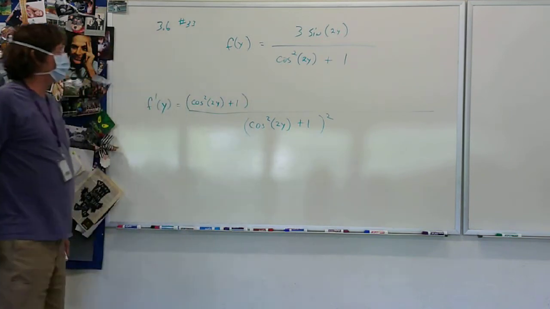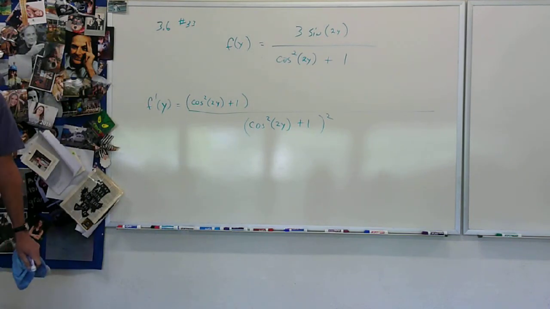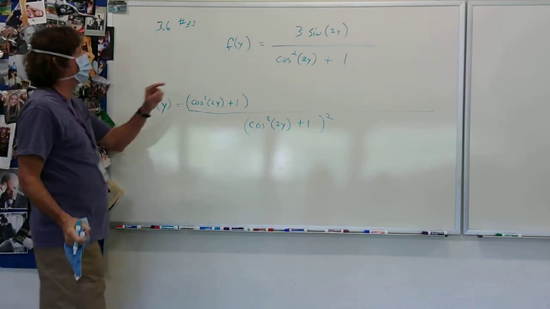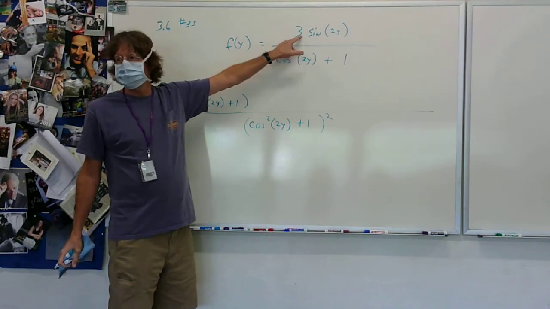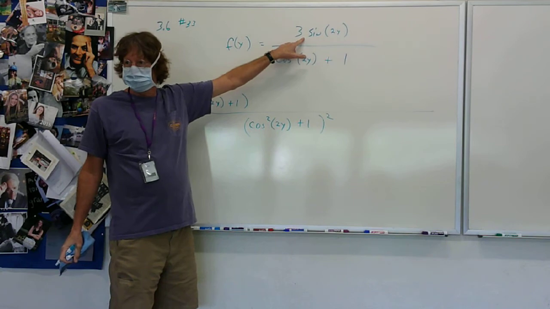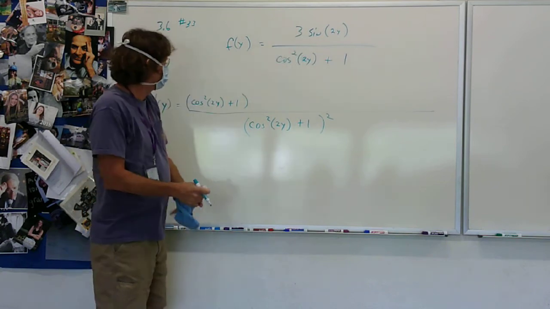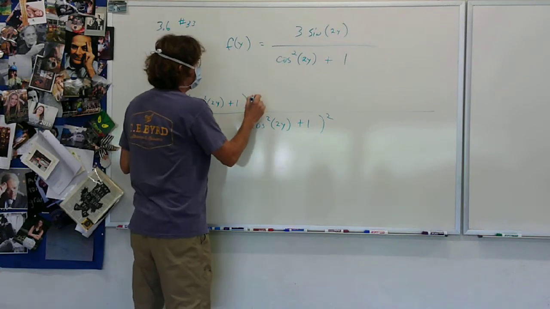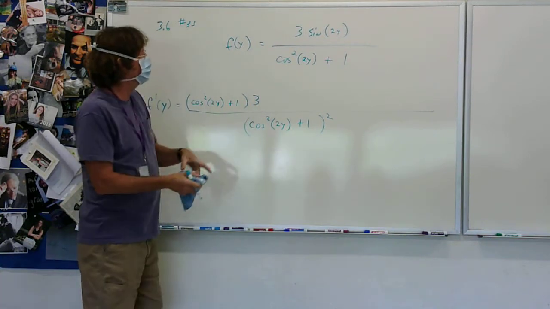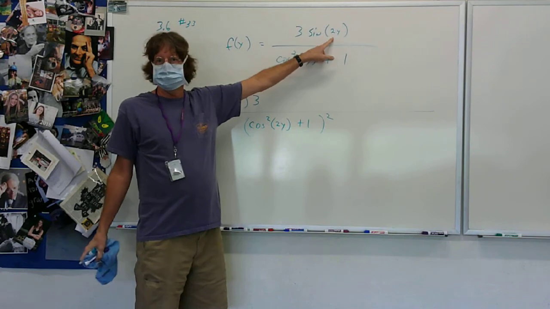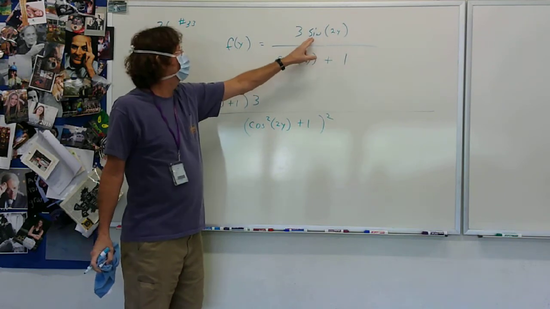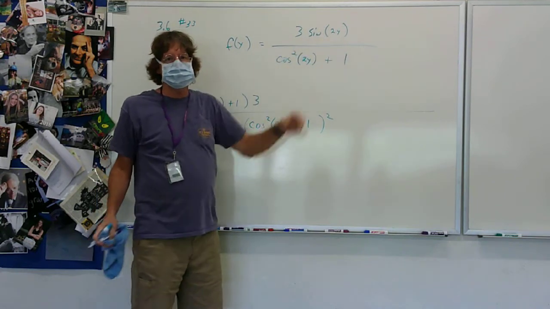And then you have to take the derivative of the numerator. And you do not have to use the product rule because that is only a constant. So you're going to write down your 3, and then take the derivative of sine u. What is the derivative of sine u?